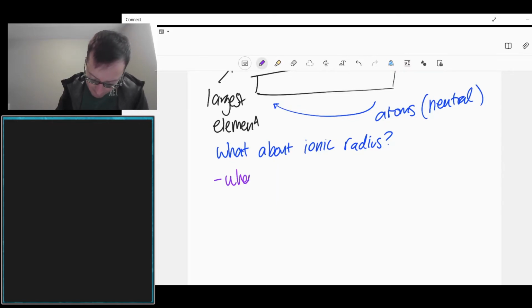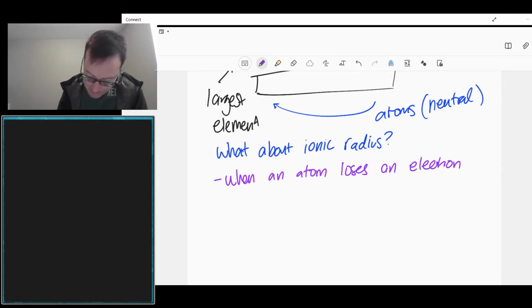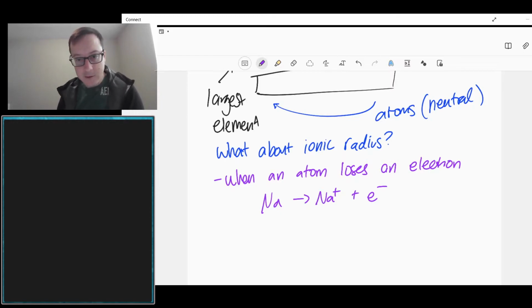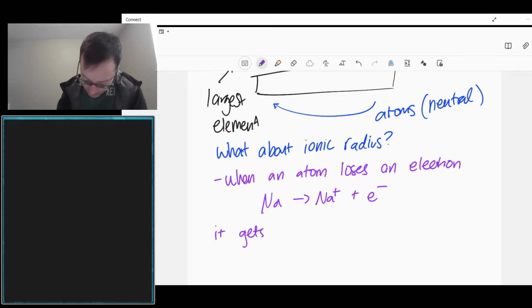When an atom loses an electron, aka sodium losing its electron, it gets much smaller.